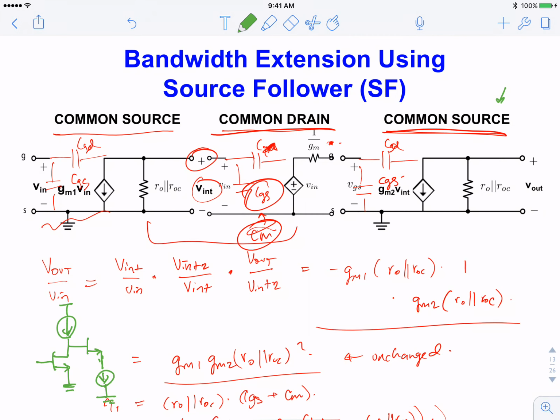So the current biasing is here, and the output from here goes to another common source stage. So sometimes it's easier to just restore this. And let's see whether this solves the problem or not.